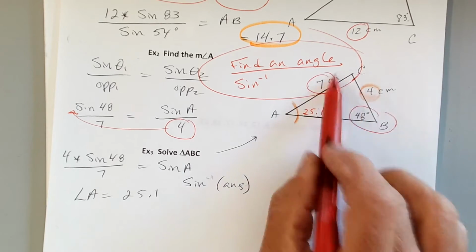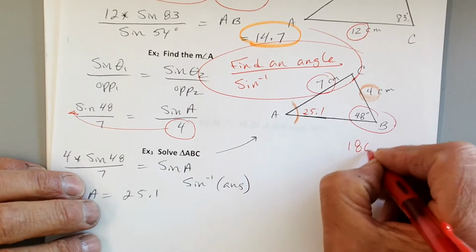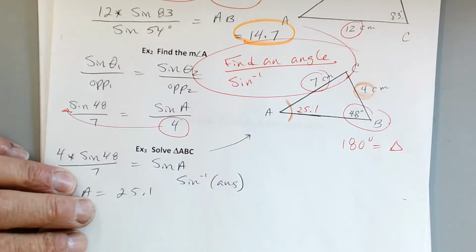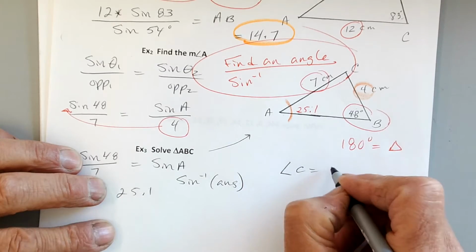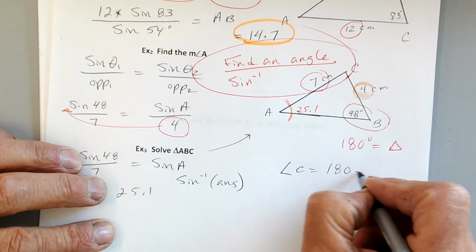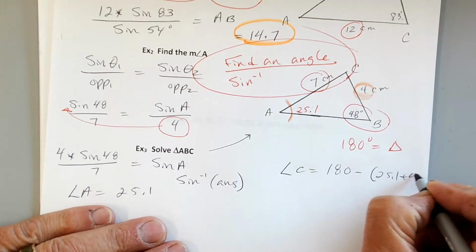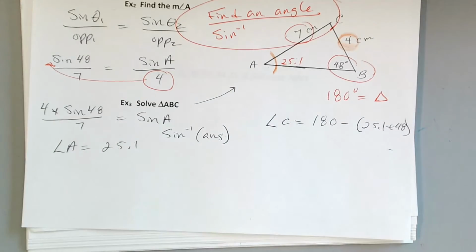Yeah, angle C, because there's 180 degrees in a triangle, right? So we're just going to set up our 180. So for angle C, it's going to be 180 minus these two angles, right? 25.1 plus 48. And then that should give me angle C.